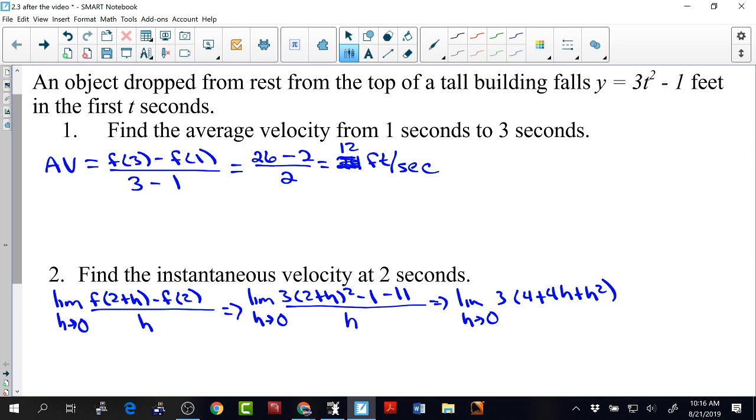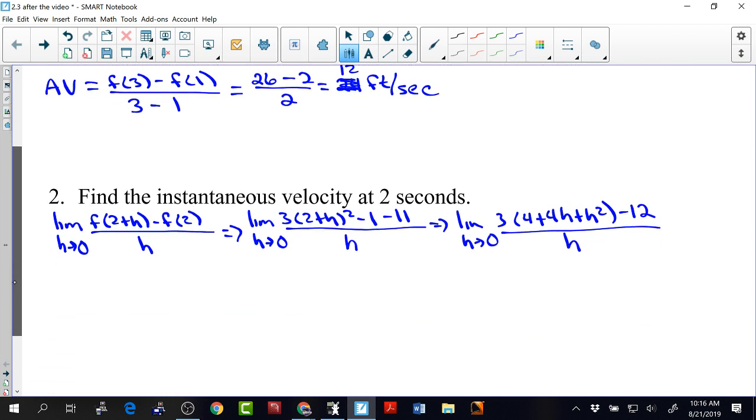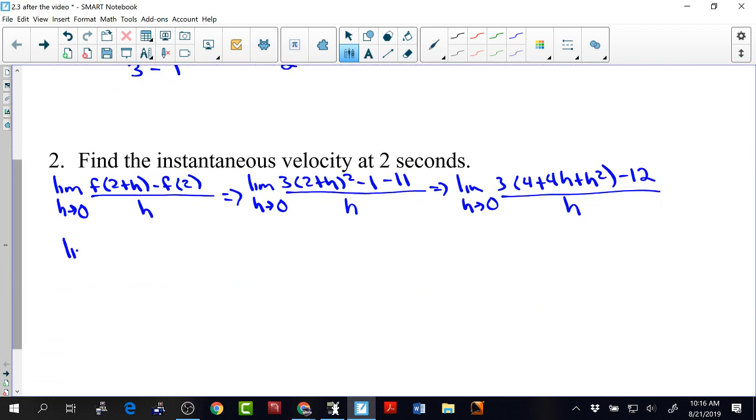That's FOIL, and then minus 12 over h. Limit as h approaches 0 of 12 plus 12h plus 3h squared minus 12, over h.